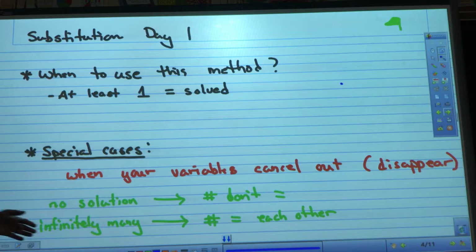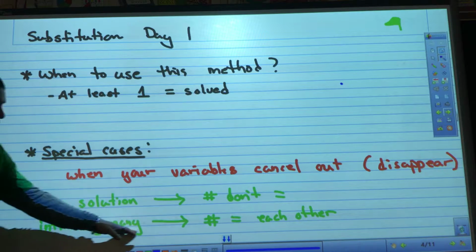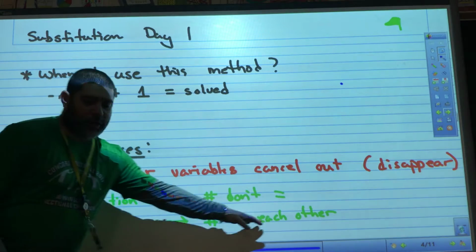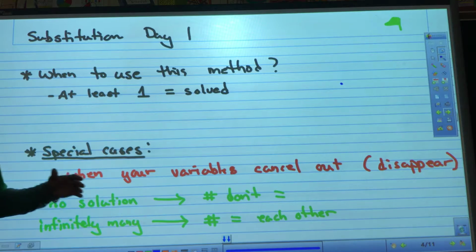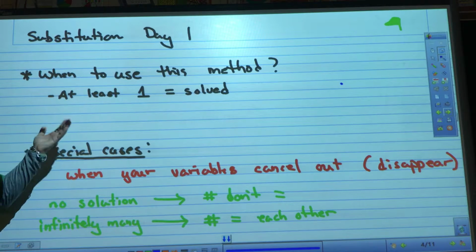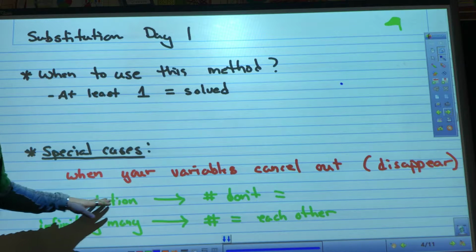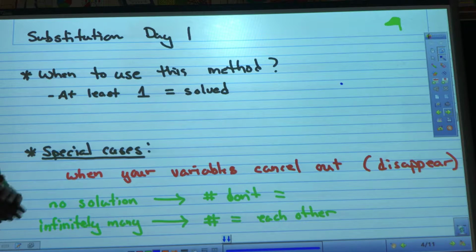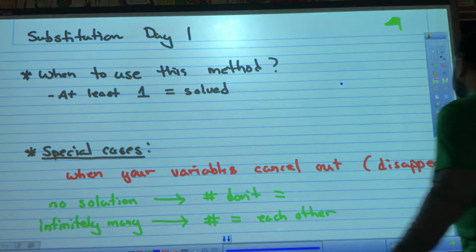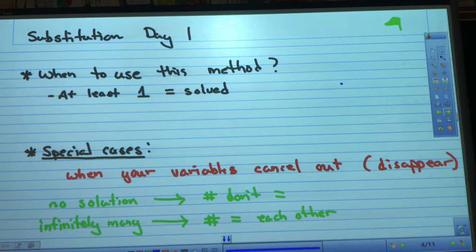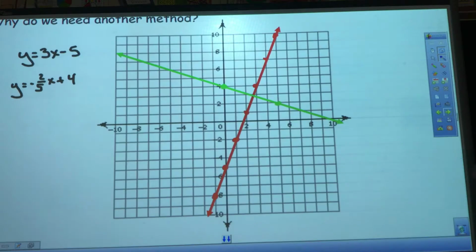That would be infinitely many. The numbers equal each other. If you have 3 equals 5, well, 3 doesn't equal 5. The numbers don't equal each other. That means they're parallel lines. Okay? And it would be no solution. We're not going to see a bunch of those, but that is something that we need to be aware of as we're solving.